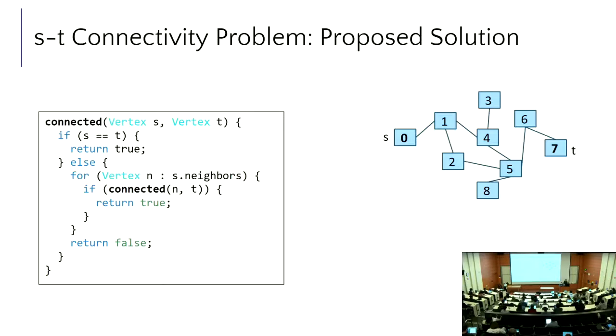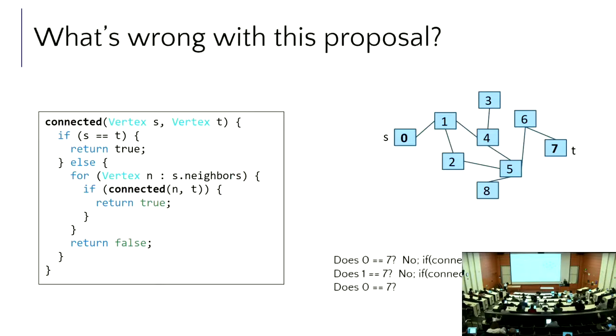Yes, infinite loops. Good eye. So what would happen here is we would first start off if 0 is our source, and we'd say, hey, is 0 7? It's not. So recurse on 1, and then we would loop over all of 1's neighbors, which happen to include 0. And so I would end up in this loop back and forth between standing on the node with 0, standing on the node with 1.